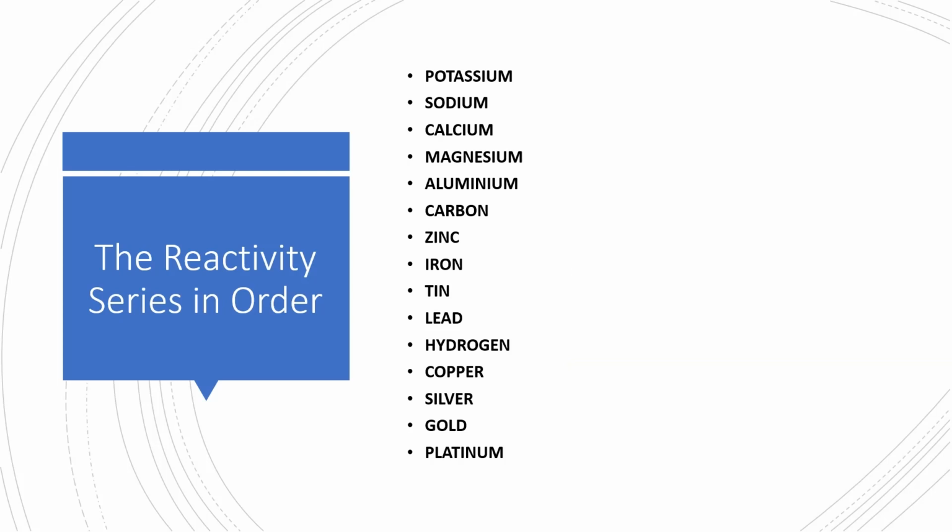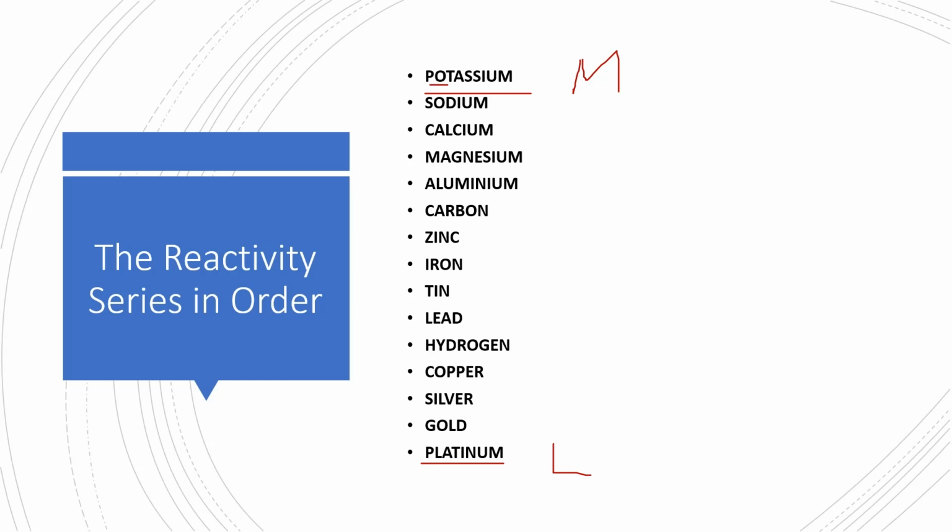So this is the list of the reactivity series in order. Potassium is the most reactive metal, and the least reactive here is platinum. So this is the list in order.